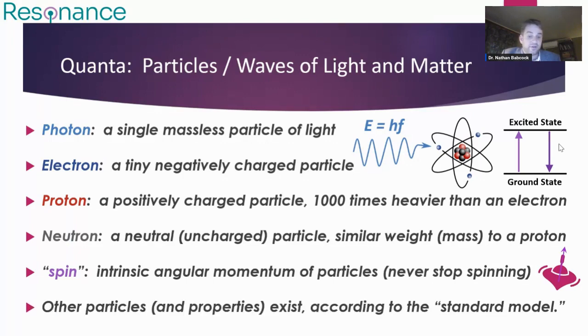There are other particles with other properties, according to the standard model of particle physics, but for most biological applications, understanding the photon, the electron, proton, and neutron inside the nucleus of the atom, and the unique property of spin are often more than adequate.